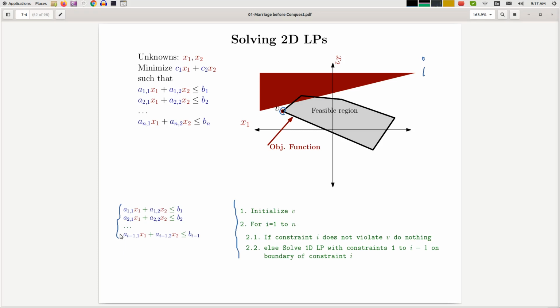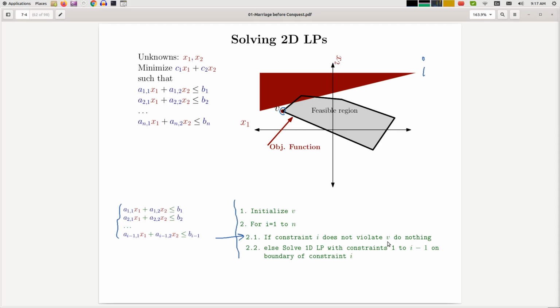It cannot make it better. I cannot find a more minimum number if I add another constraint. I can only forbid new stuff. So if v was the answer before, and if v satisfies constraint i, it should be the answer again. And that's in line number 2.1. If the constraint number i does not violate v, in other words, if it does not forbid v, then we don't need to do anything.